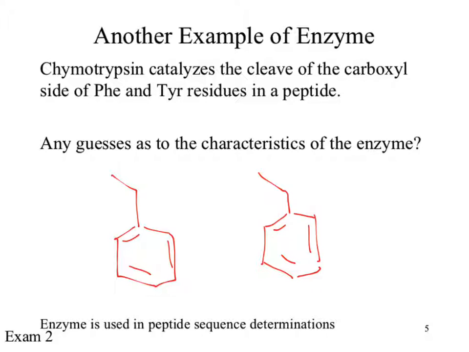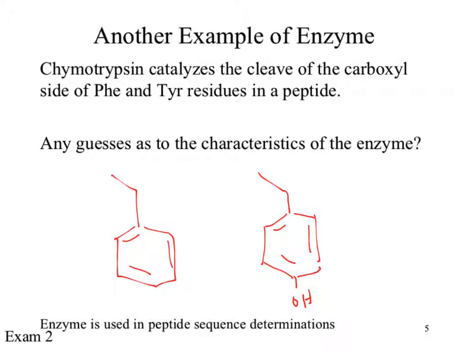What do you think might be in the enzyme pocket? What's that? Something that could interact with the aromatic ring, which would likely be another aromatic R group. Because remember, our enzyme is composed of, more than likely, amino acids. So what we're looking for is something that would target and grab onto that and allow us to cut.